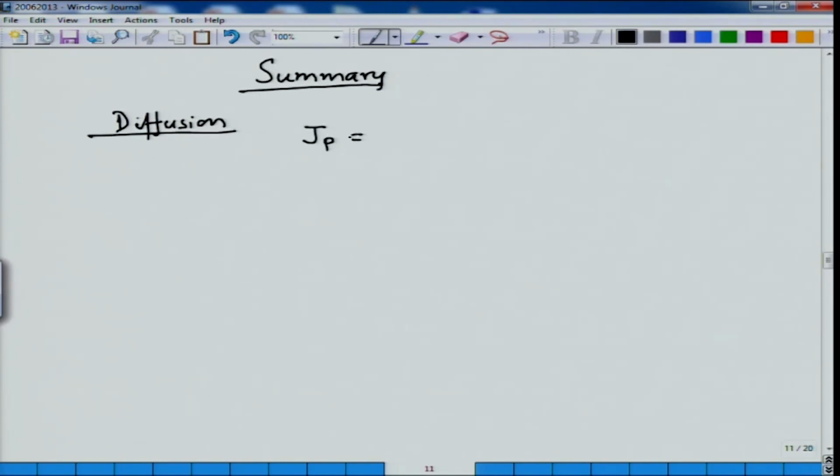The current density for holes is given by the expression q times the diffusion coefficient times dp dx. Similarly, we wrote the expression for the electrons, that will be given by q D n dn dx.